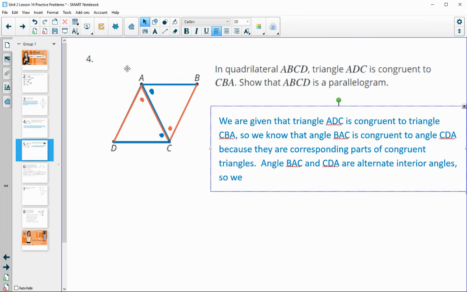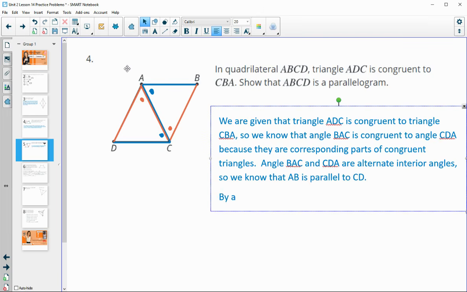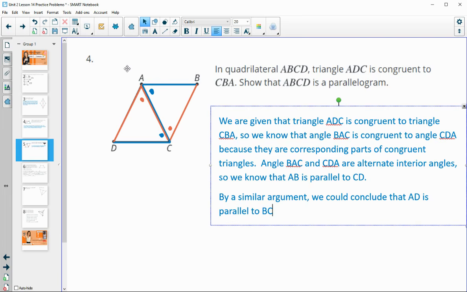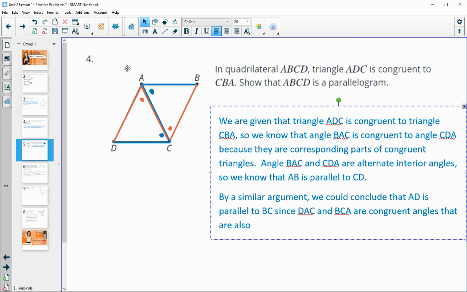So we know that AB is parallel to CD. By a similar argument, we could conclude that AD is parallel to BC since DAC and BCA are congruent angles that are also alternate interior.